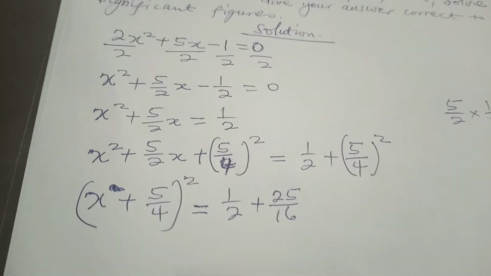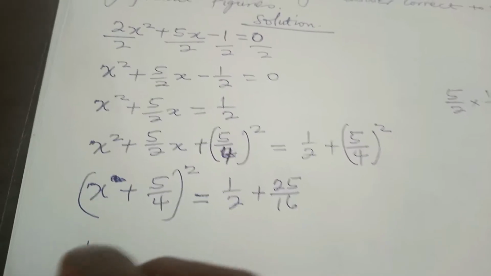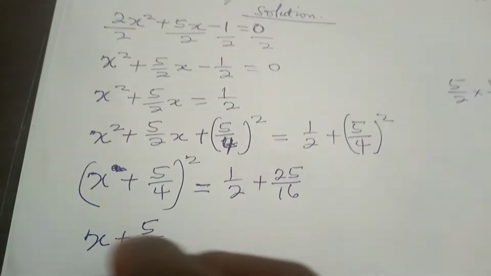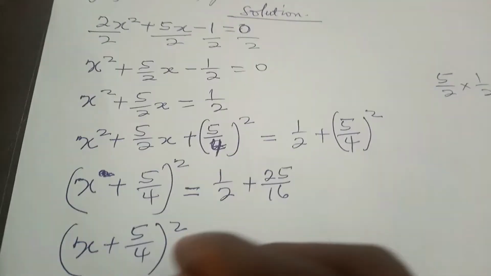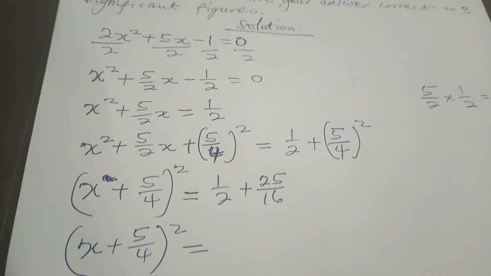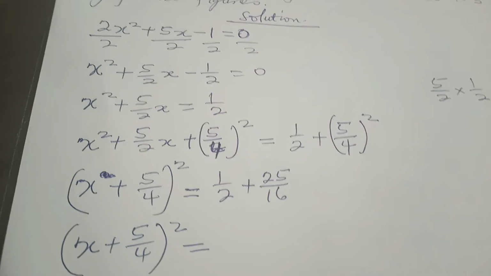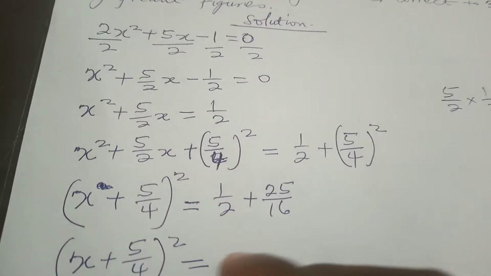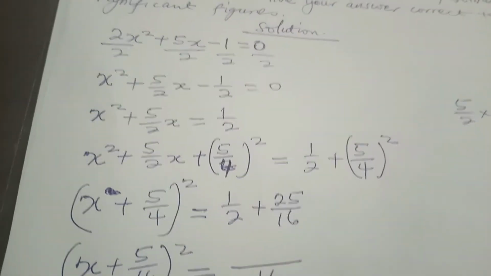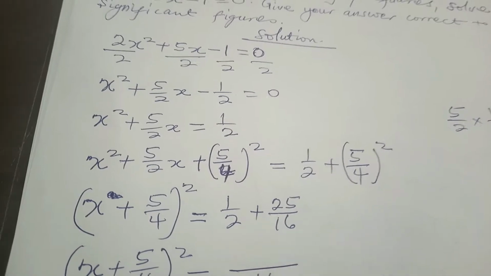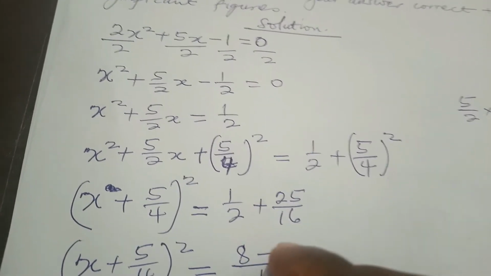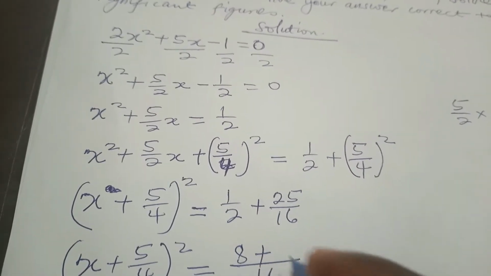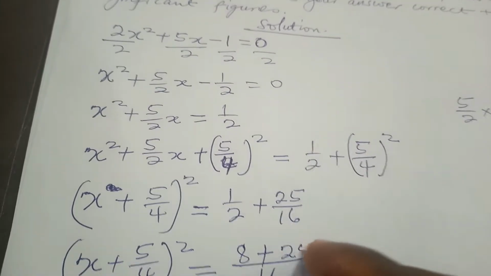To simplify the right hand side further, we are going to have x plus 5 over 4 all squared equal to, we find the LCM, which is 16. 2 going into 16 is 8, and 8 times 1 is 8, plus 16 going into 16 once, times 25 is 25.